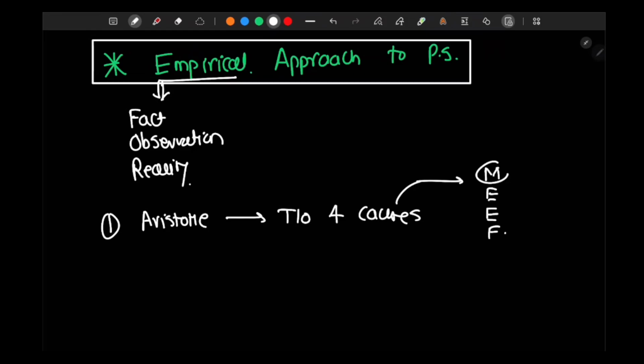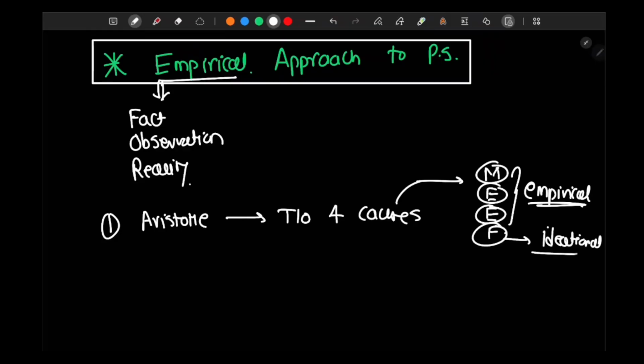So material cause, efficient cause, and effective cause are all empirical, observable. Final cause is an ideational realm. It is ideal.